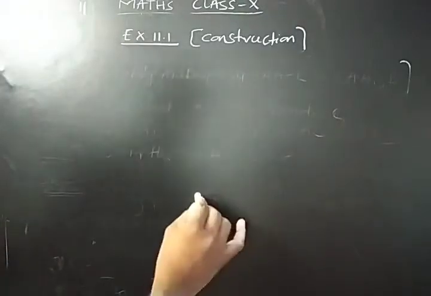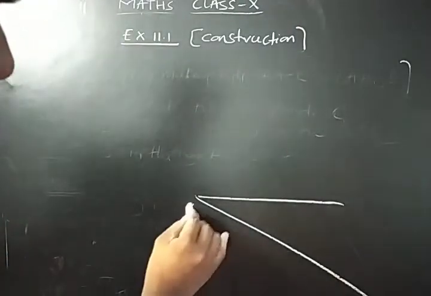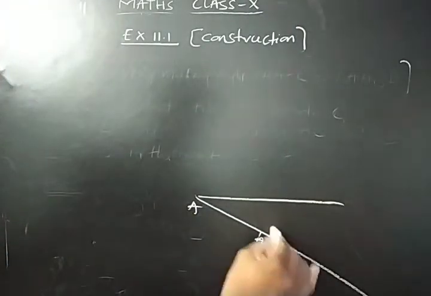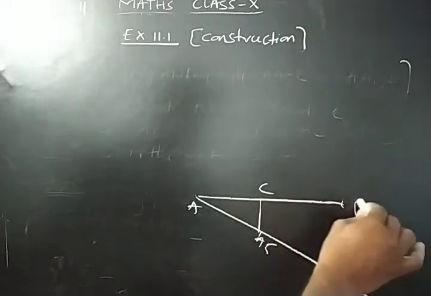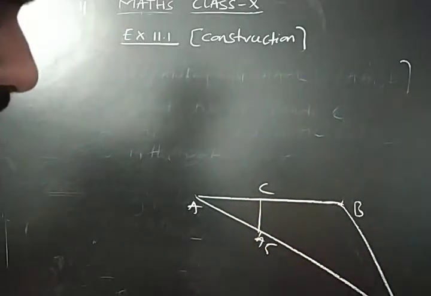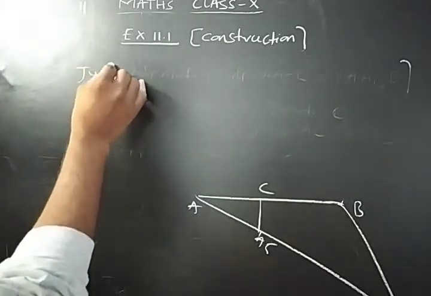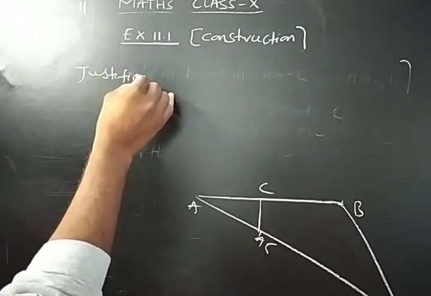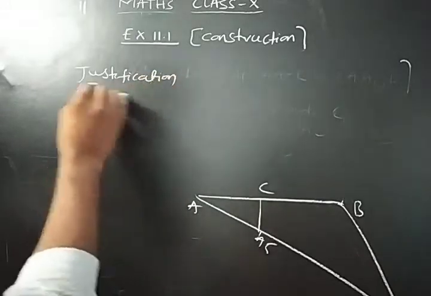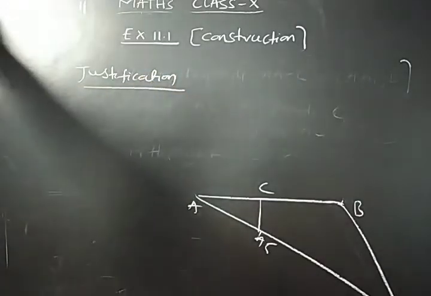See here, again I am going to draw the same figure. This is A, through A5 we drew one line which meets AB at C, and we join A13 to B. Now justification. How to justify?